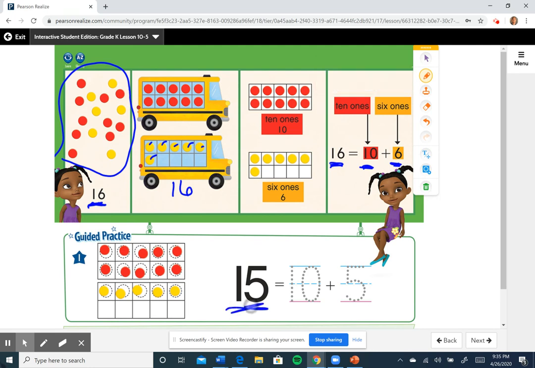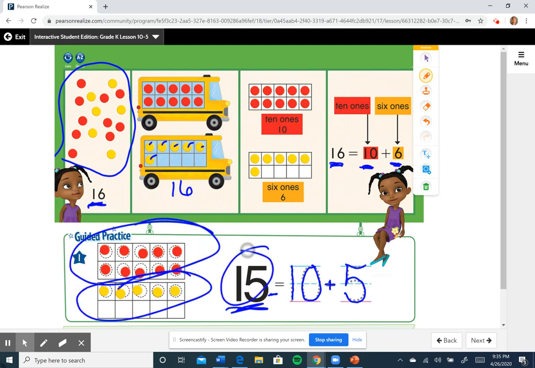So 15 equals 10 plus 5. So this 10 frame plus this 10 frame equals 15.